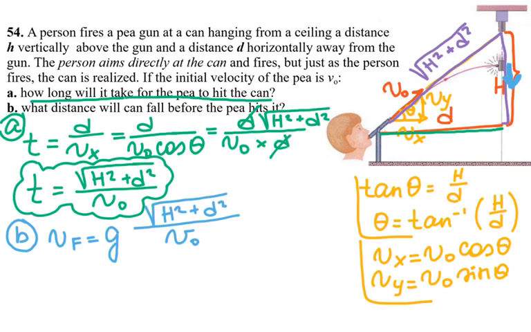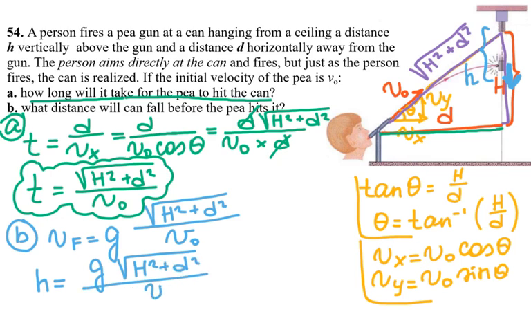So that is the final velocity, but to find the distance that has fallen, I'm going to call this distance h, so the distance it travels before it gets hit. So h is equal to average velocity, so that is g times the square root of h squared plus d squared divided by v sub 0, divided by 2, times the time, and the time is the square root of h squared plus d squared divided by v sub 0.